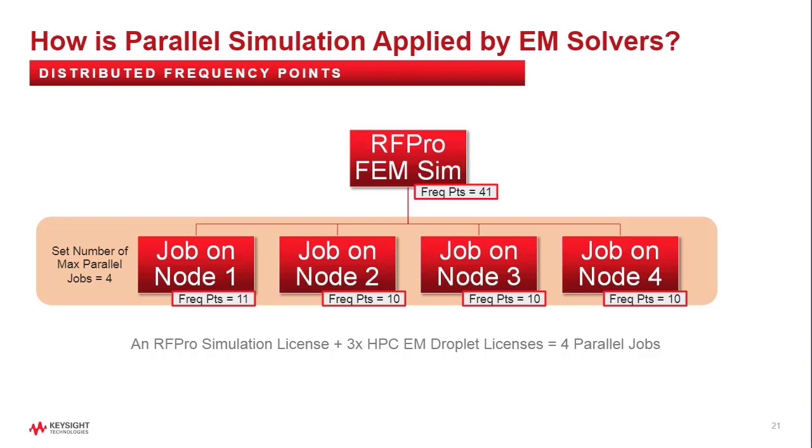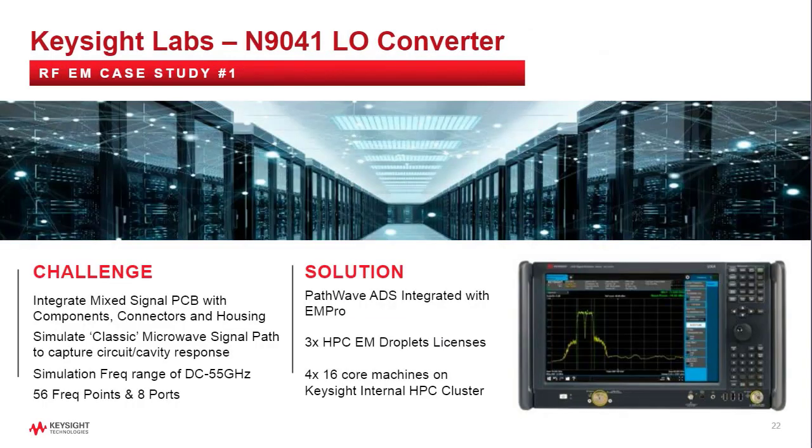To demonstrate this, I have two case studies that I'd like to show you. The first case study is a Keysight Labs design. It's a complex LO converter module that's in this analyzer shown on the lower right.